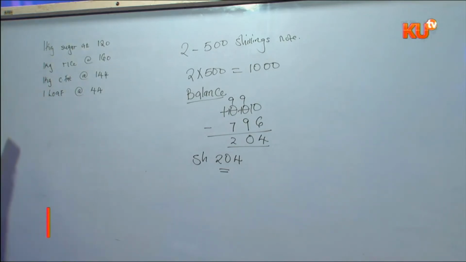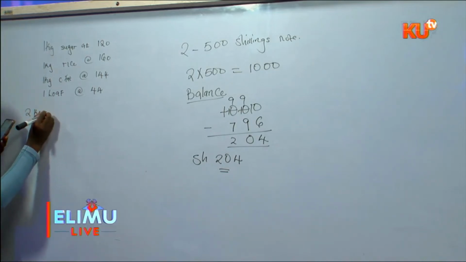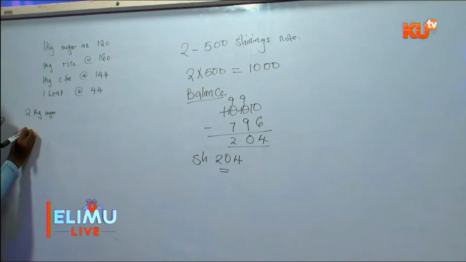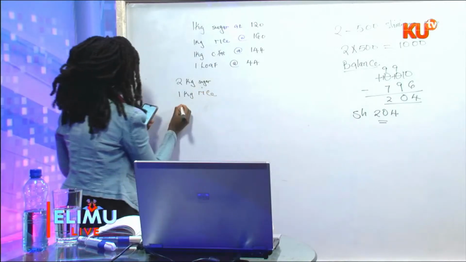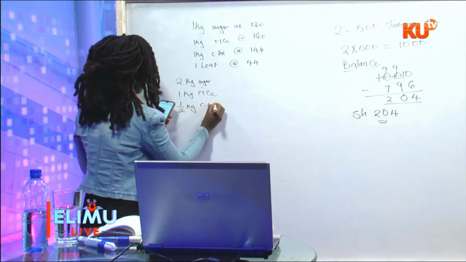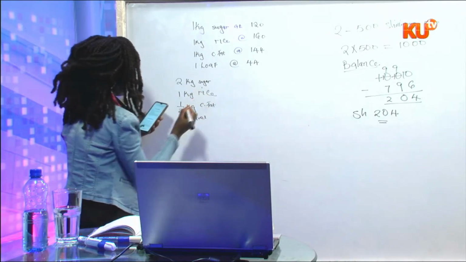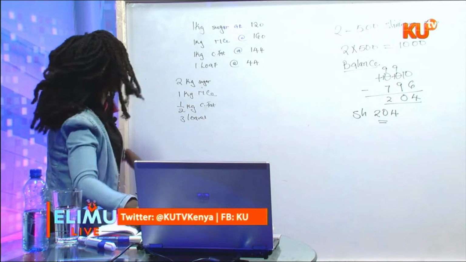And then we're told that this person, Subira, bought 2 kg of sugar and then bought a kg of rice. She bought a half kg of cooking fat and also 3 loaves of bread. So we are preparing her bill.